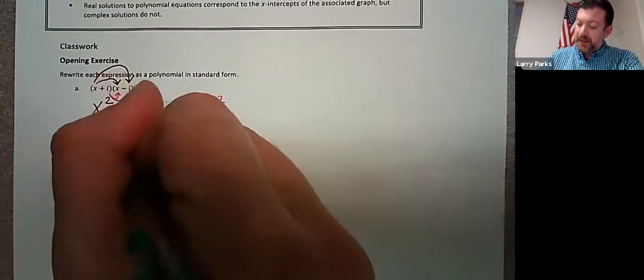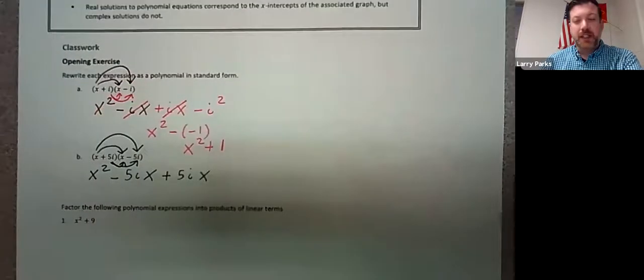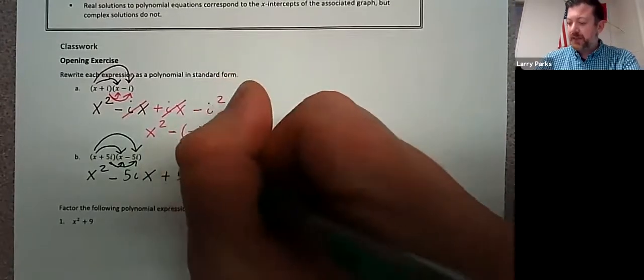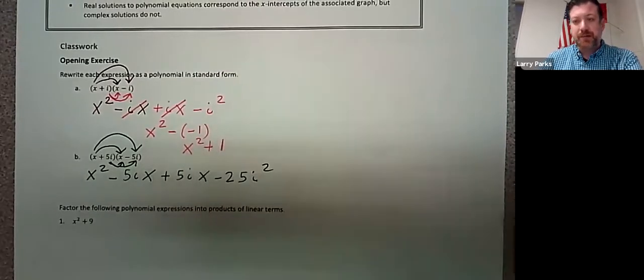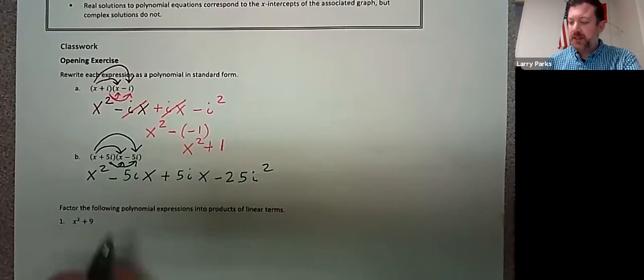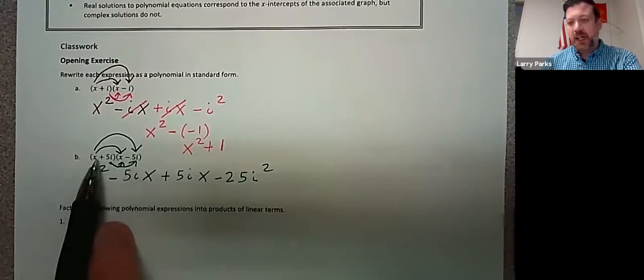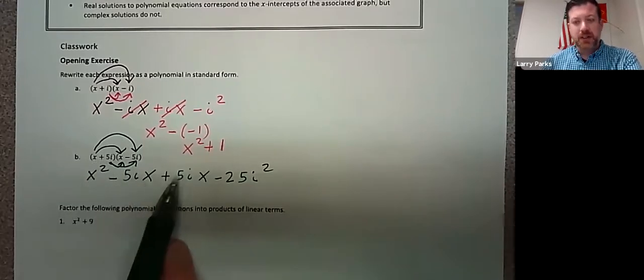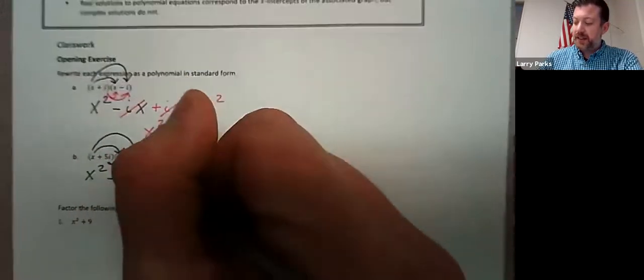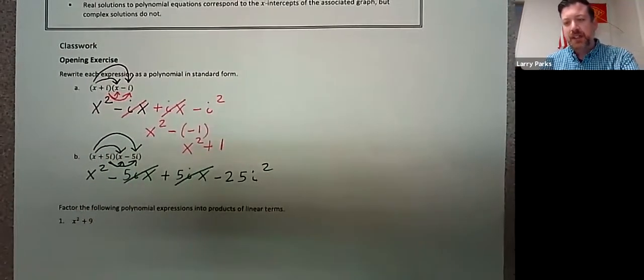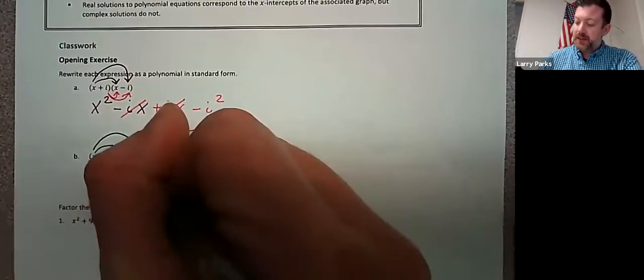And then 5i times negative 5i would be negative 25i squared. Now notice, because these are conjugates, the middle terms will always cancel. So this and this will cancel because they are additive inverses. So then I'd get x squared.